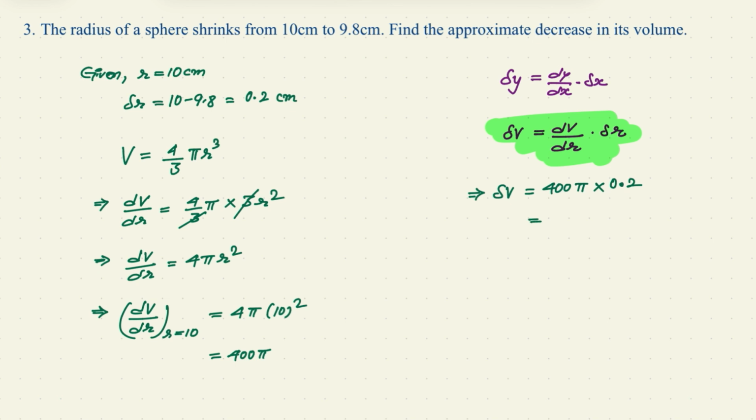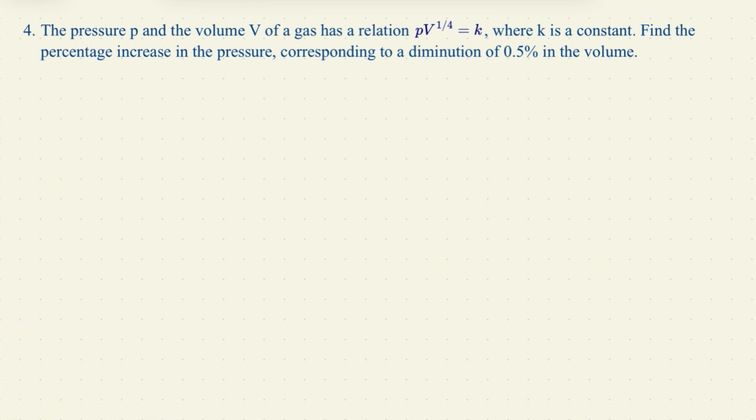So here it will be 400 pi into 2 by 10. So here we will cancel this. So this equals 80 pi. That means there will be a change of 80 pi centimeter cube in volume whenever there is a change of radius of 0.2 centimeter. Question number 4.